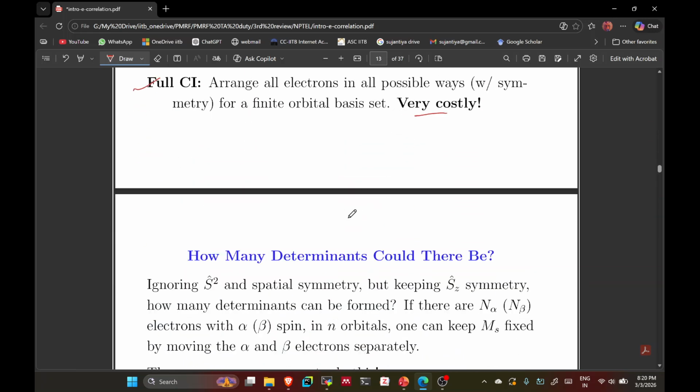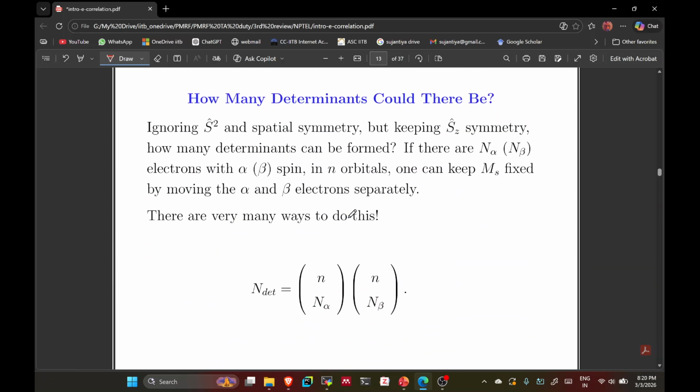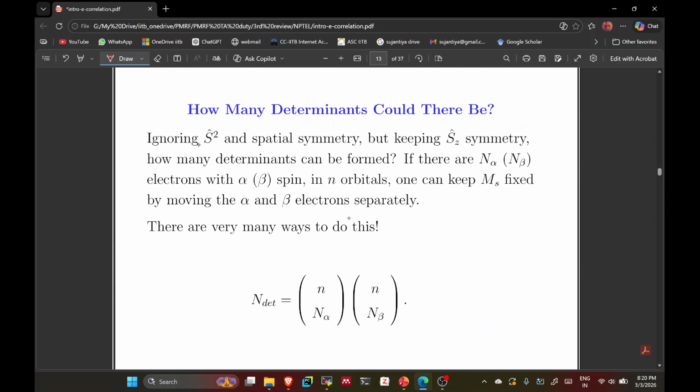So let me give you some numbers. Ignoring S squared and spatial symmetry but keeping the Sz symmetry, let's calculate how many determinants can be formed. Let's say there are N alpha and N beta: the alpha spins are of N alpha number and beta spins of N beta number, in total N orbitals.